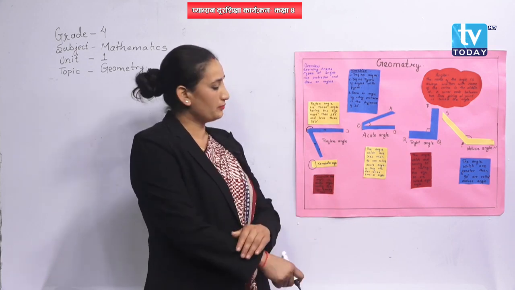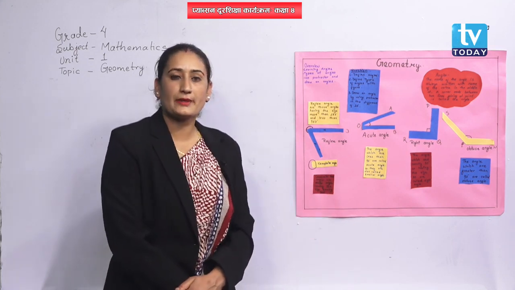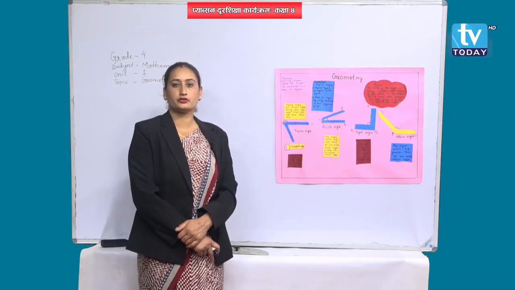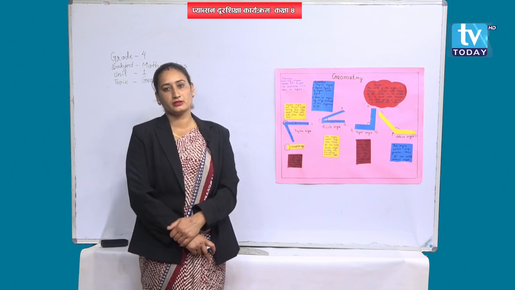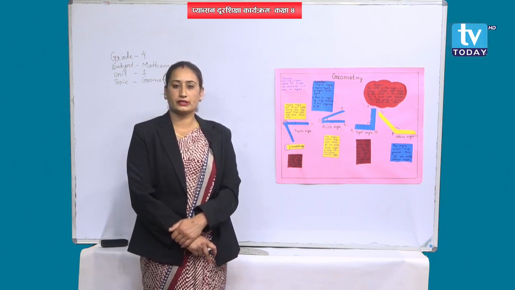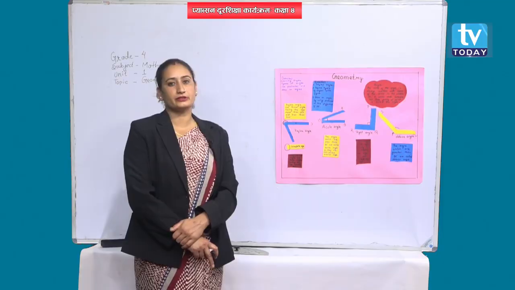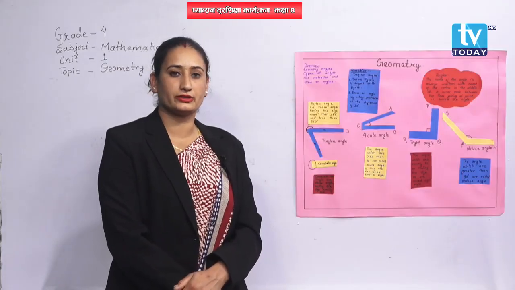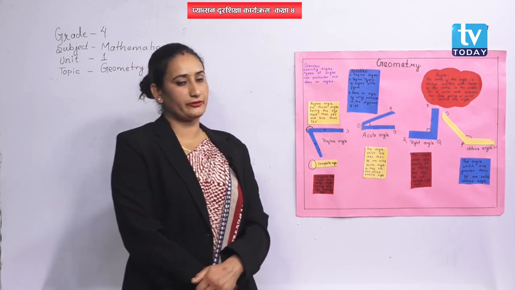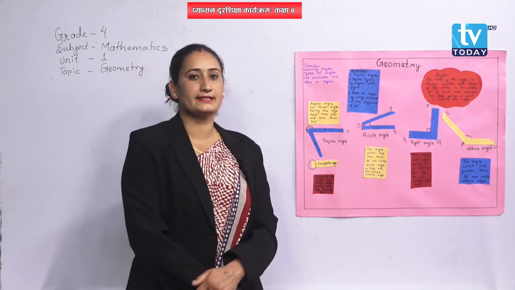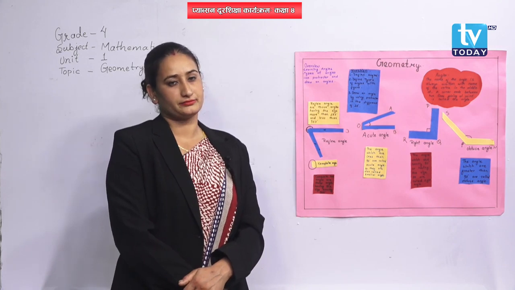Now after learning the types of angle, you need to write the definition. Have you written the definition by yourself? No? Okay. I will tell you the definition and you have to write it in your notebook. Good. Now listen very carefully. First is the acute angle.